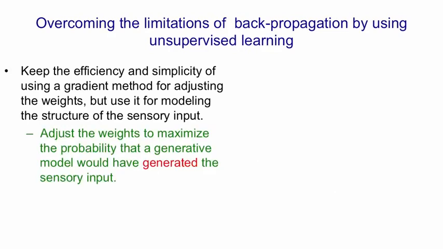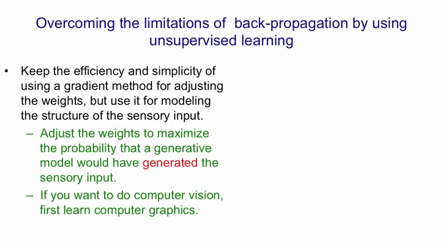So the weights are going to be adjusted to maximise the probability that a generative model would have generated the sensory input. We already saw that in learning Boltzmann machines. And one way to think about it is, if you want to do computer vision, you should first learn to do computer graphics. To first order, computer graphics works and computer vision doesn't.